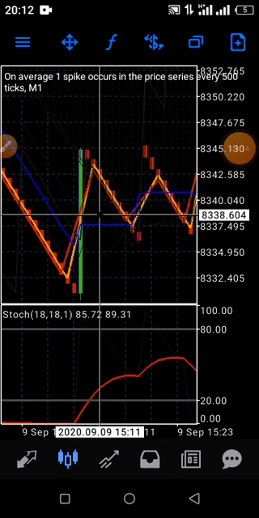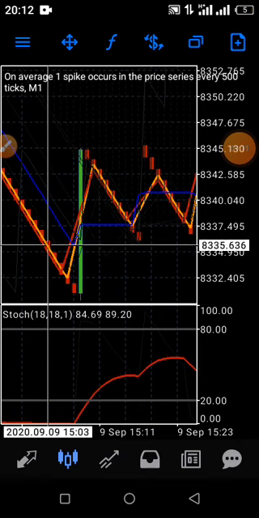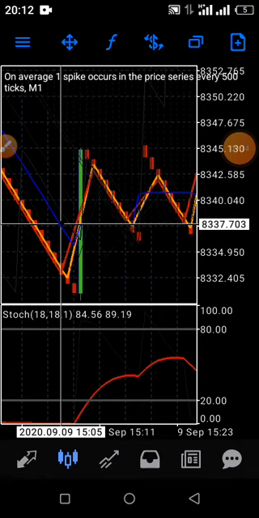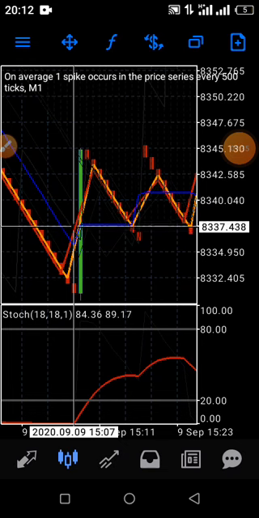As long as it drags away from the alligator and it does not cut through the alligator again, right? Like here, it had to drag. It cut like this and it dragged like that.